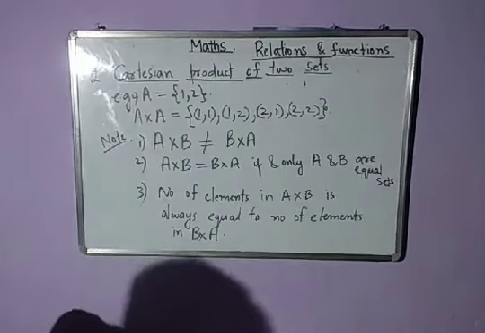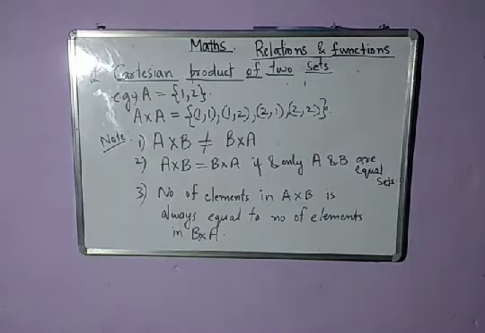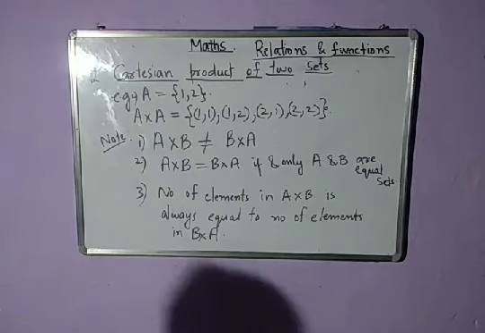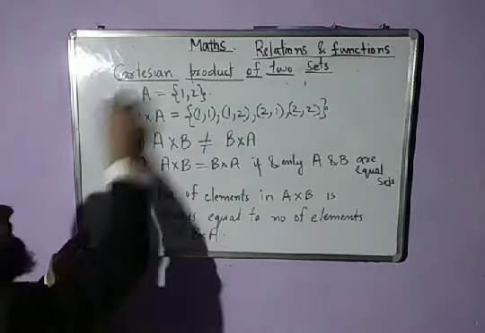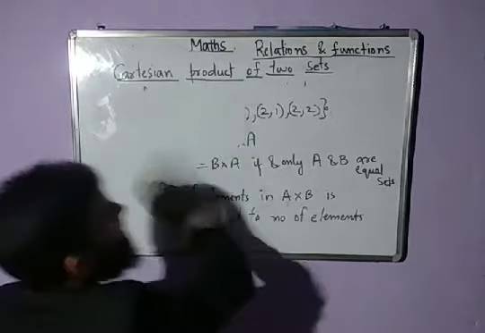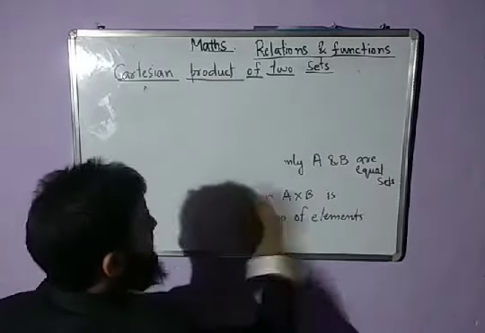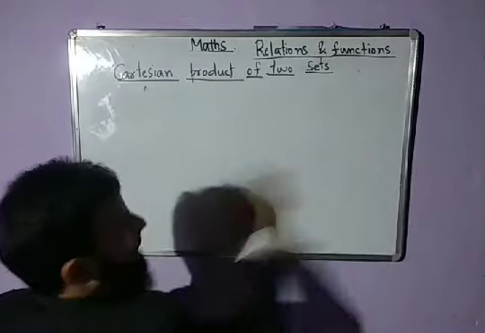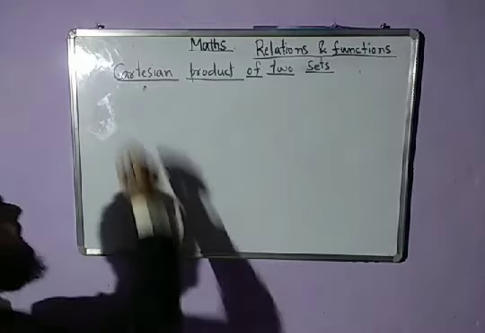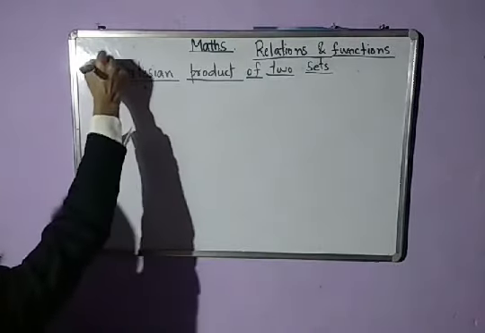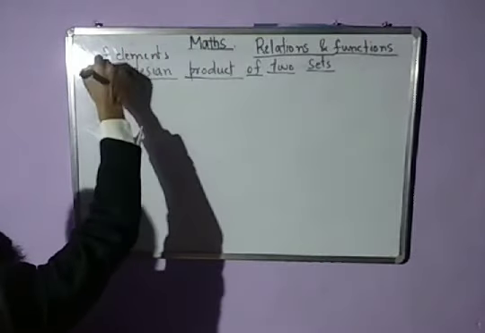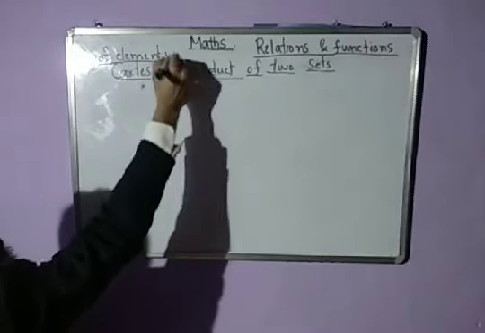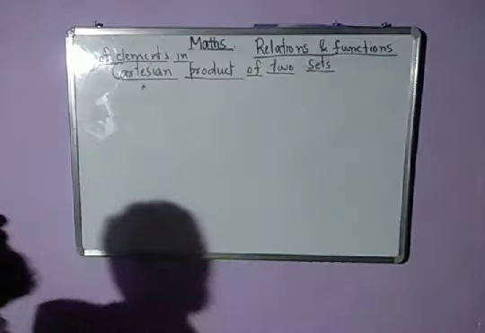So next we'll discuss the number of elements in the Cartesian product of two sets. So I will erase this. I'll write here: number of elements in Cartesian product of two sets.